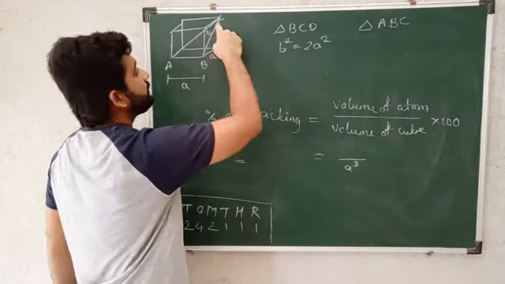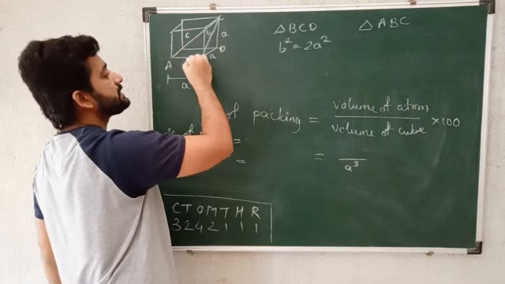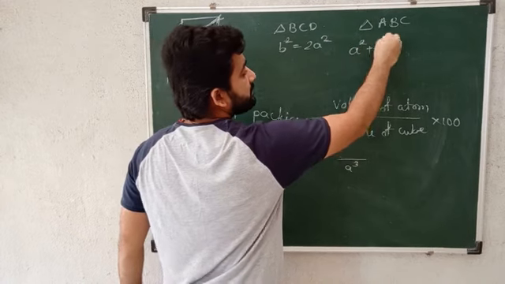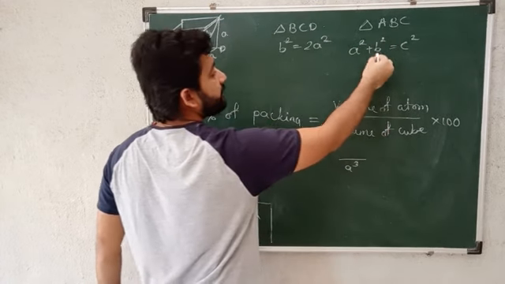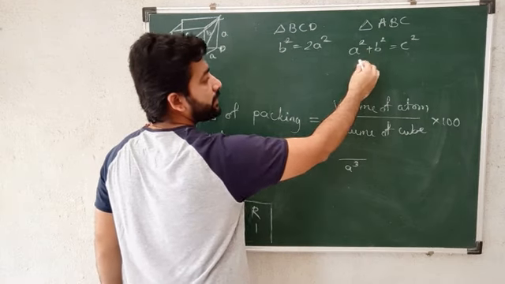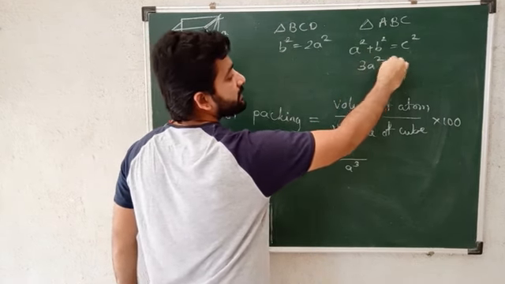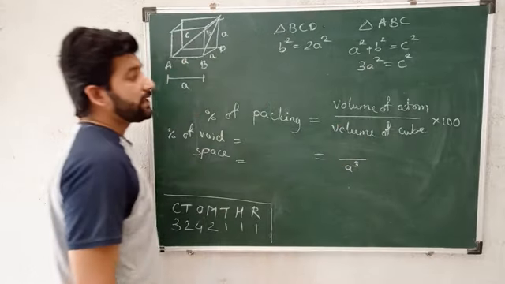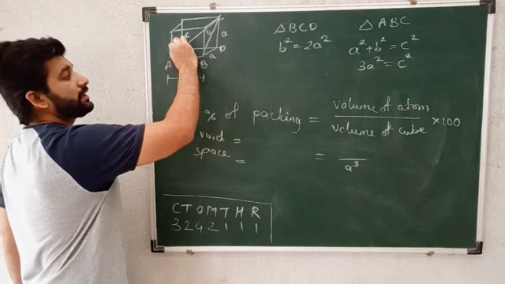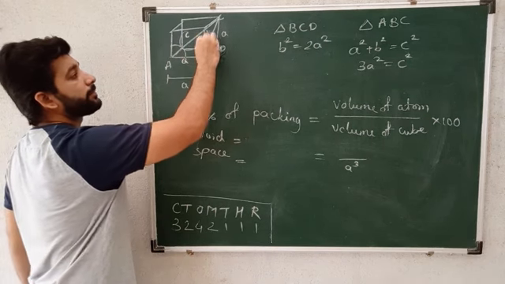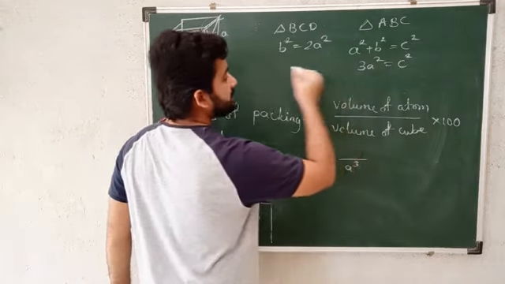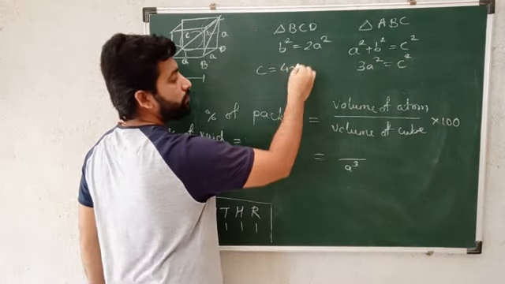Now in triangle ABC, if this is B, this is C, and this is A, we can write that a square plus b square is equal to c square, and we know the value of b square, it is 2a square. Substituting that value over here, we get 3a square is equal to c square. Now we do not know the value of c, but when we construct the atoms over here, we understand that c is equal to 4r.